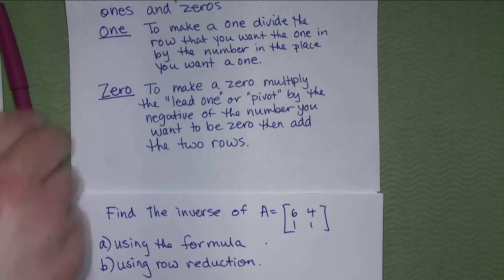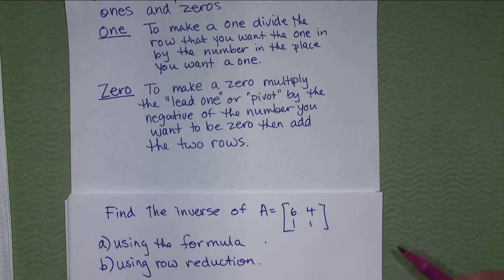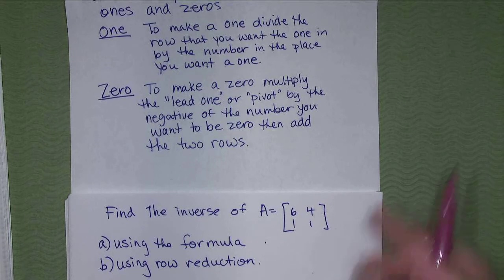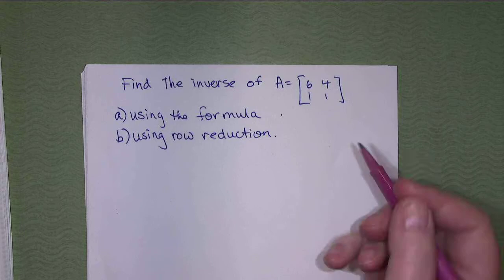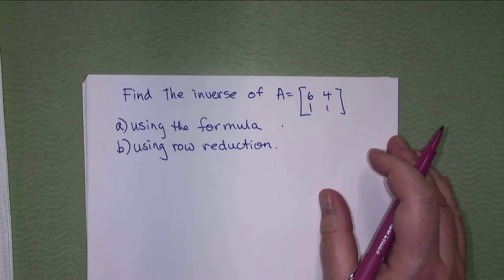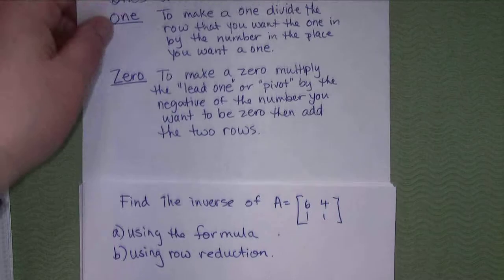Using the formula is what we did last class. So what is the formula for a 2 by 2? Did you miss that? So I'll just squeeze the formula in here.